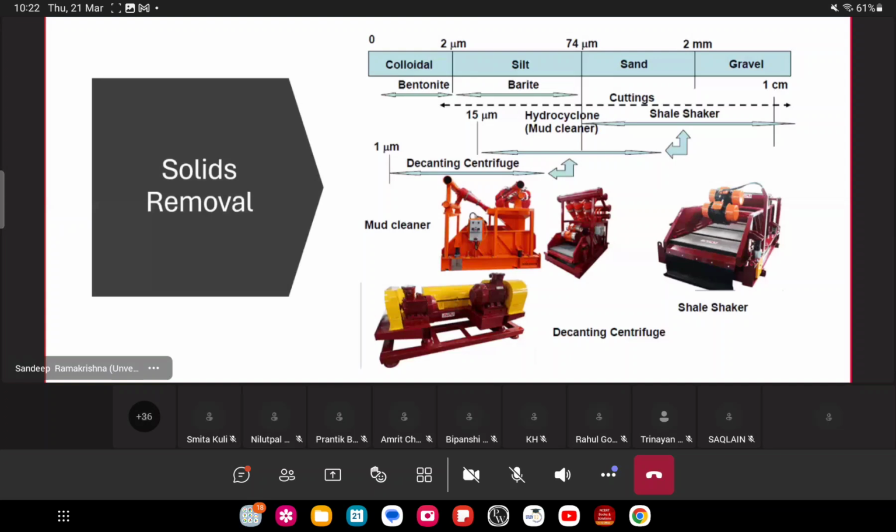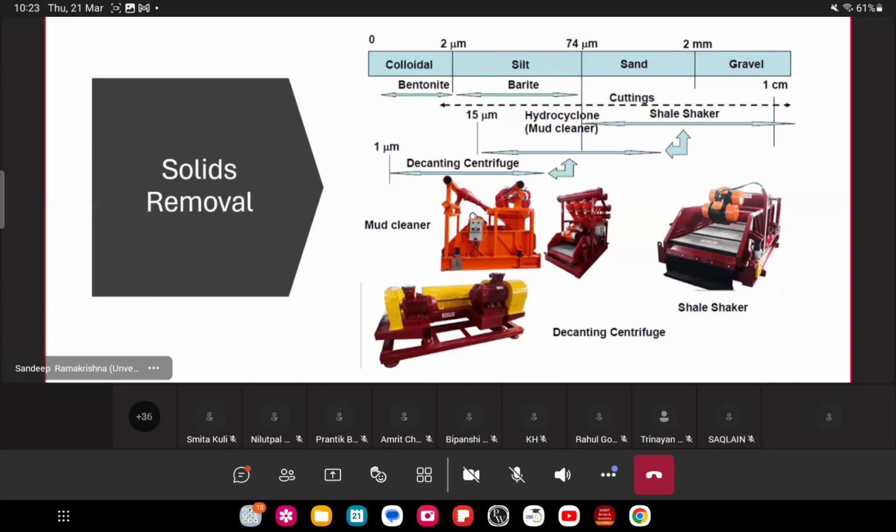So, in addition to this, obviously you have the desander, the desilter, but the objective here is to clean the mud, get it back into shape as what it was initially, so that you're minimizing that contamination. You're learning from that contamination, but you also are minimizing it.